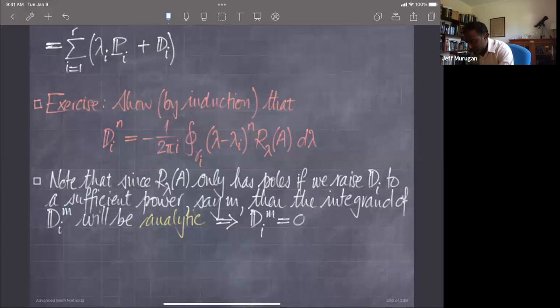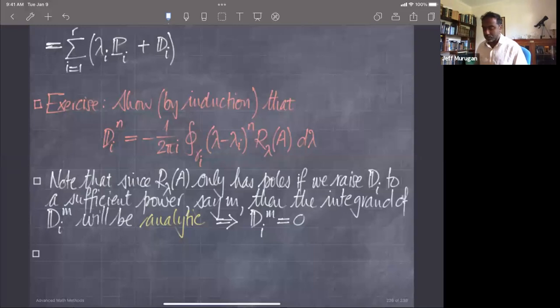So the next point to note is that if A is in addition a Hermitian operator, then the resolvent of A can have at most simple poles. I'll do an example to convince you of this just now, but I would like you to take this as a given.